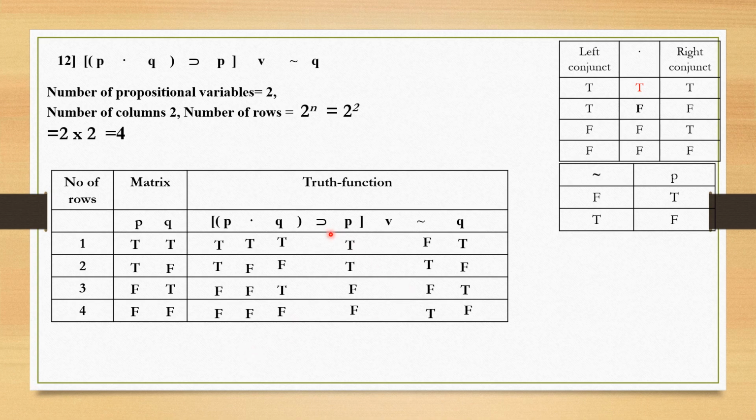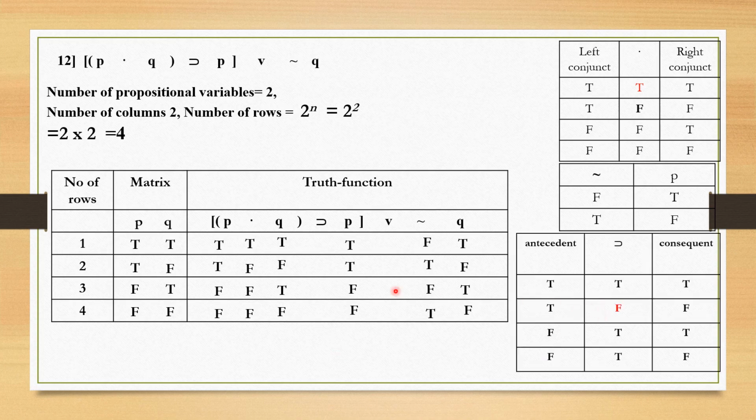Now we'll have to solve the box bracket, that is horseshoe. It is joining the bracket, parenthesis and P. So what is main in this parenthesis? Dot. So taking conjunction values and P's values, we will solve horseshoe. Horseshoe is, let us see the values, both are true, then it is true.